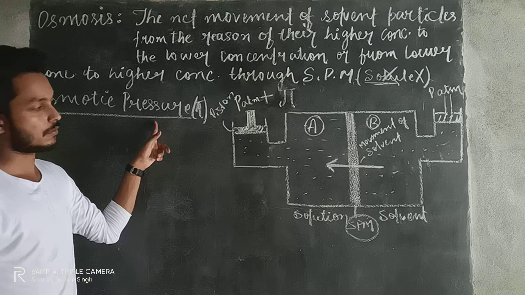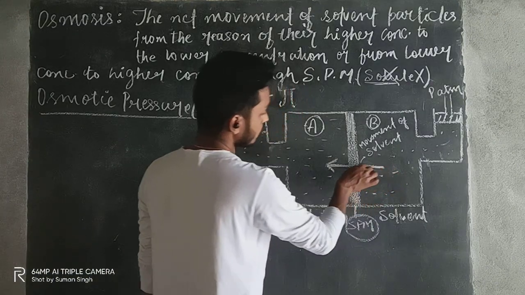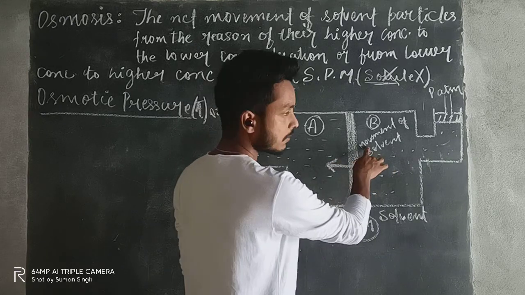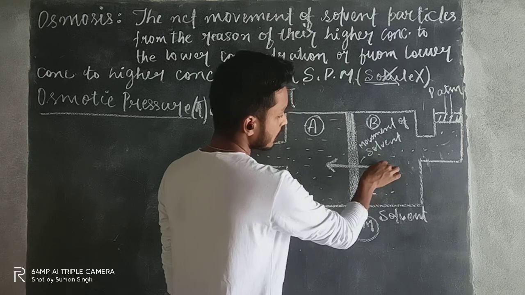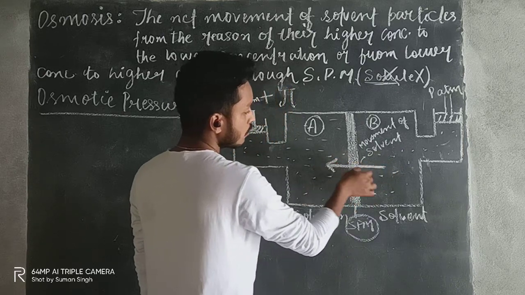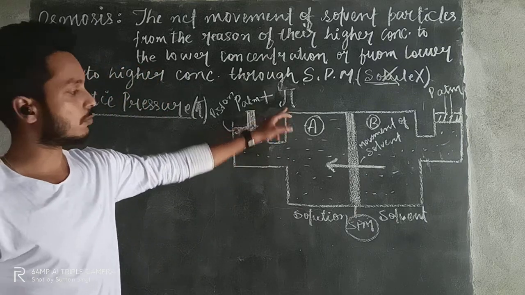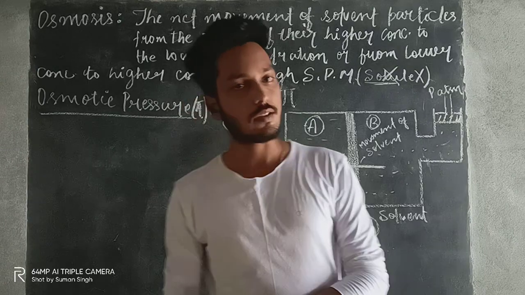Osmotic pressure. Once again, when the solvent is moving from this side to this side, osmosis is taking place in this entire chamber. So to stop the process of osmosis, the pressure which is applied here is called osmotic pressure. Right? So I hope it is clear.